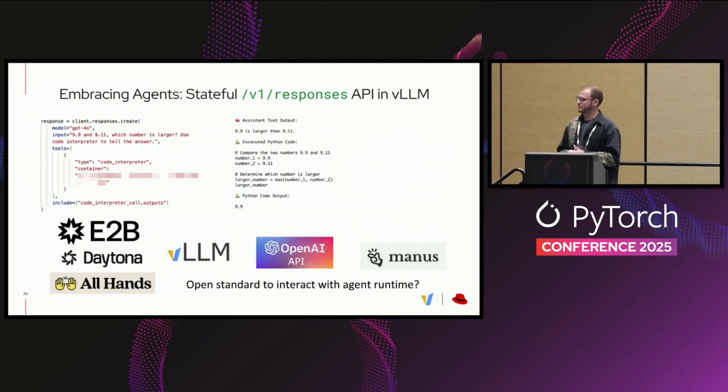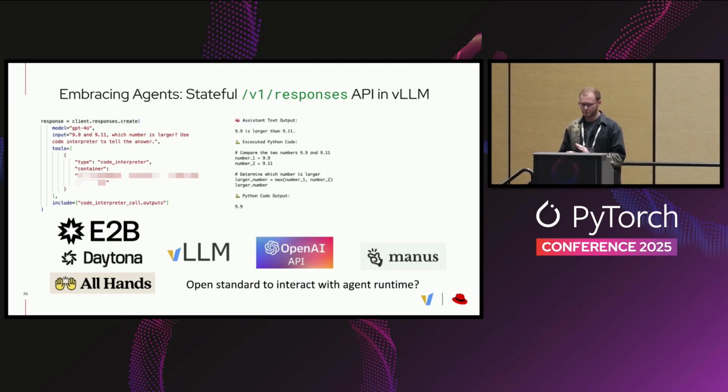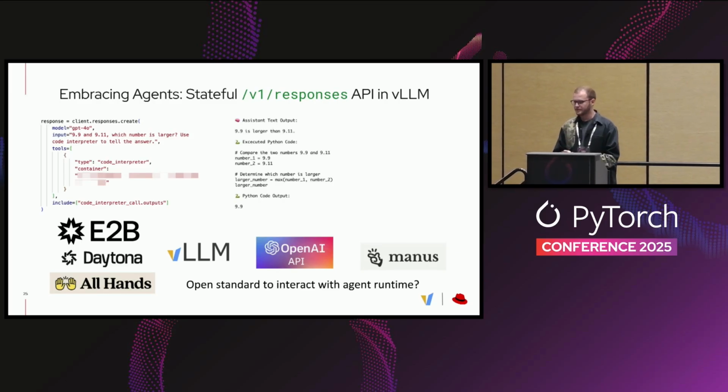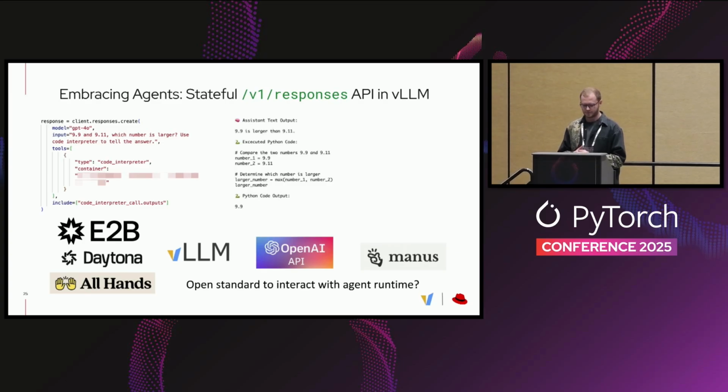Next, I'm going to talk a bit about how vLLM serves agents in inference. So assuming you've already trained your agentic models and you want to serve them now and use them in applications, we've implemented the Responses API that OpenAI has set as a standard in their interface. Obviously, this was served well by the GPT OSS model that they released, that we worked with them on in order to get this well supported.